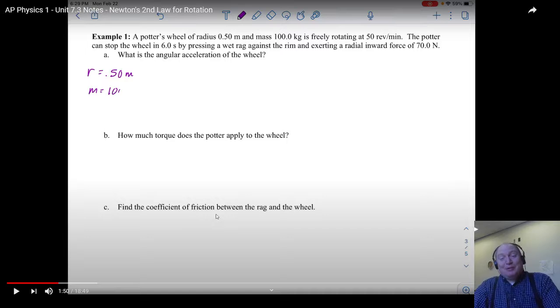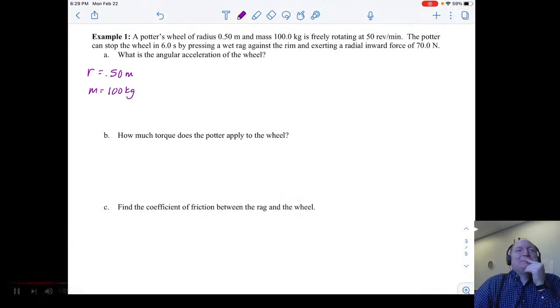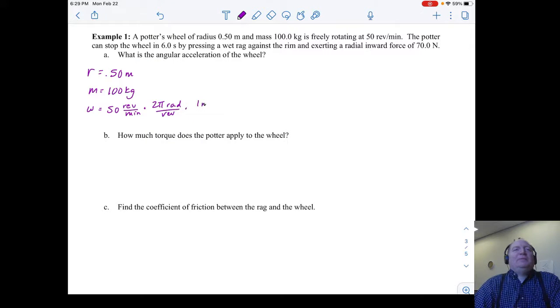Wow, this is a pretty cool problem. 100 kilograms. This is angular speed, 50 revolutions per minute. If I multiply by 2 pi radians per revolution, and by 1 minute per 60 seconds, I would be able to convert this.